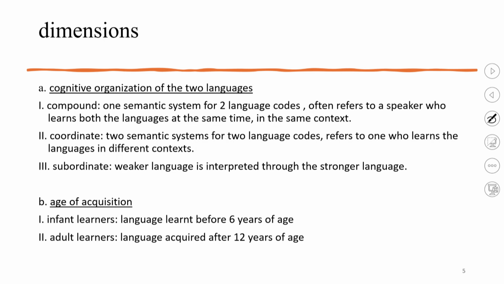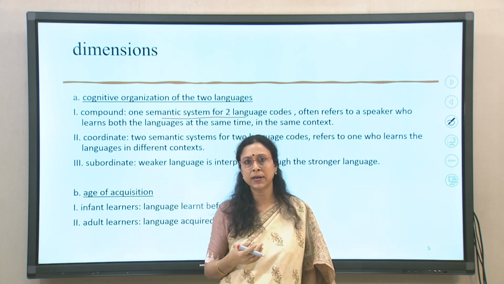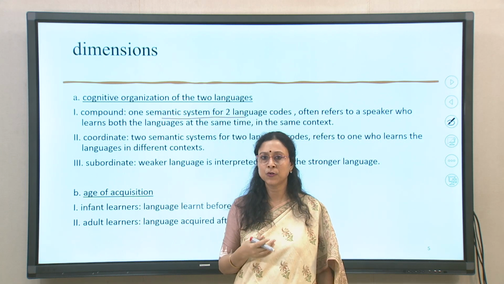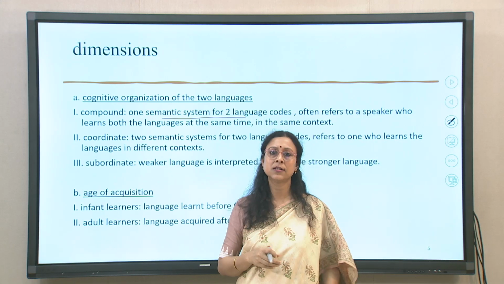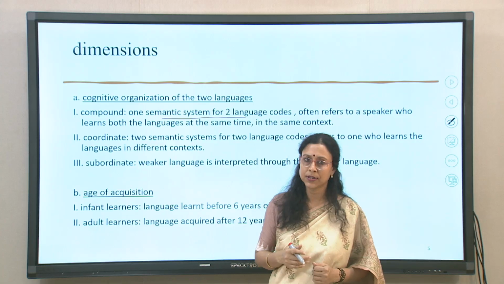Compound is when there is one semantic system for 2 language codes. This often refers to a speaker who learns both languages at the same time in the same context. This is compound bilingualism. Coordinate is 2 separate semantic systems for 2 language codes, and refers to one who learns the second language in a different context from the first language.